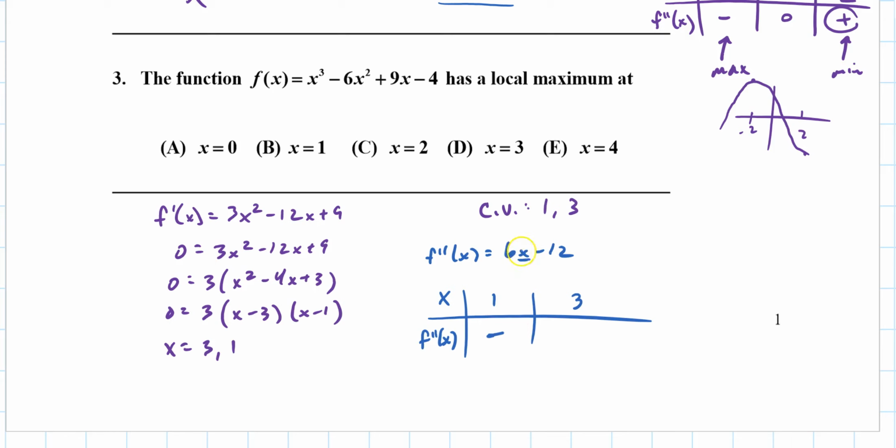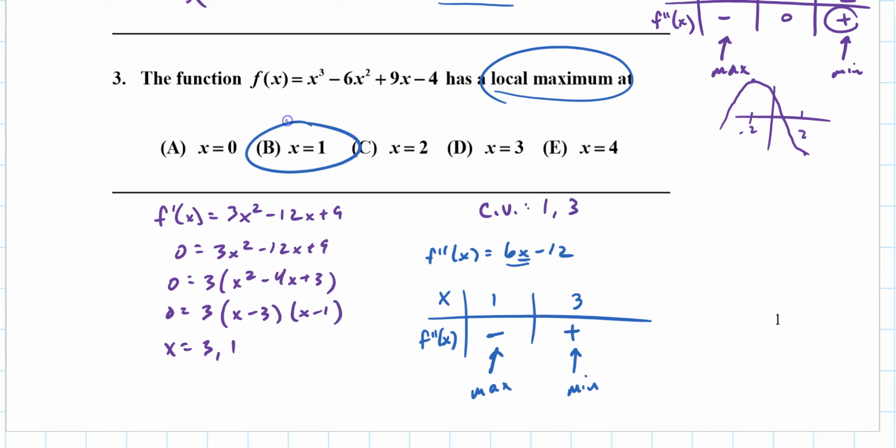And at 3, I get 18 minus 12, which is 6, which is positive. So once again, negative second derivative means I have a max. A positive second derivative means I have a min. I'm looking for a local maximum. So the max is going to be at 1.